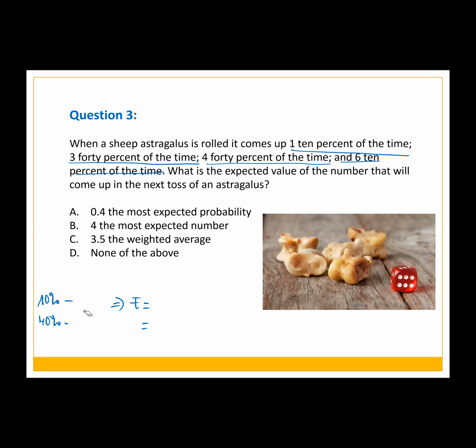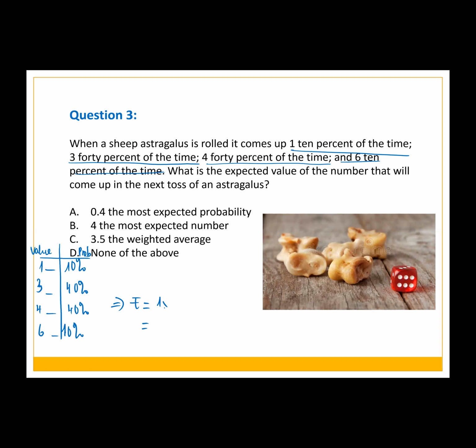Oh, sorry. Hang on. I think I made a mistake here. When you roll a sheep astragalus, there are 4 possible outcomes: 1, 3, 4, and 6. This one happens 10% of the time, 40%, 40%, and then 6 is 10%. So the expected value is going to be, this is the value, and this is the probability.